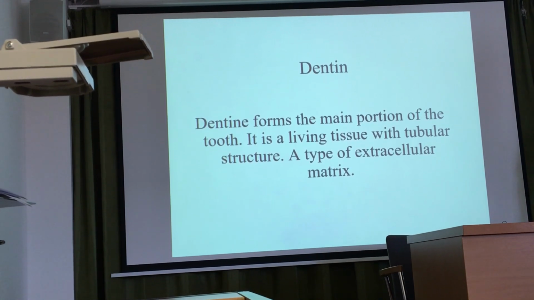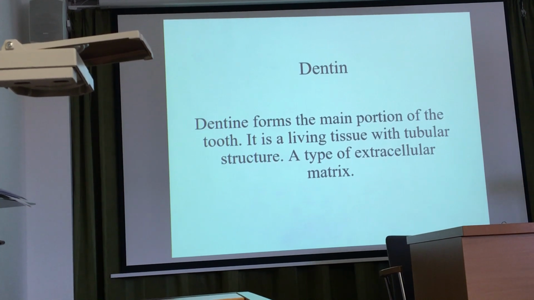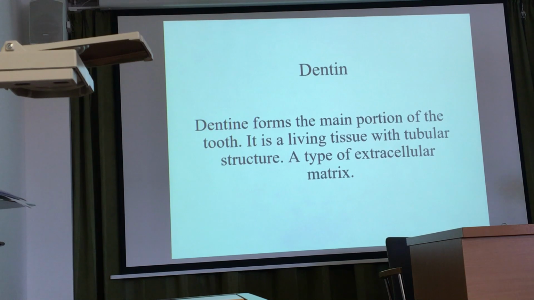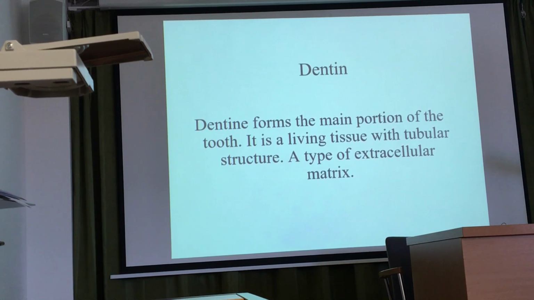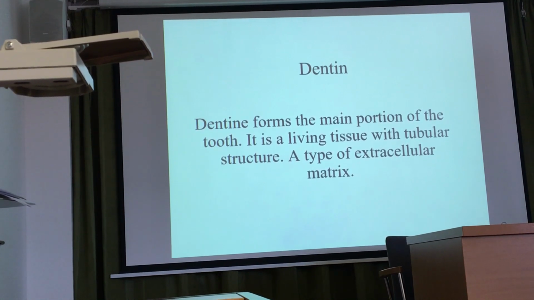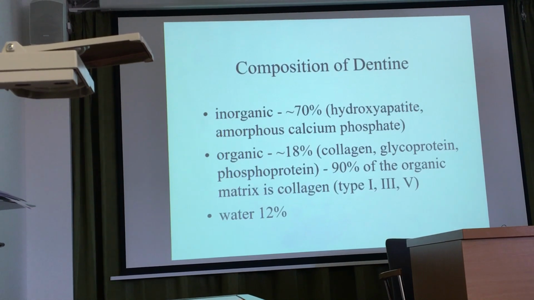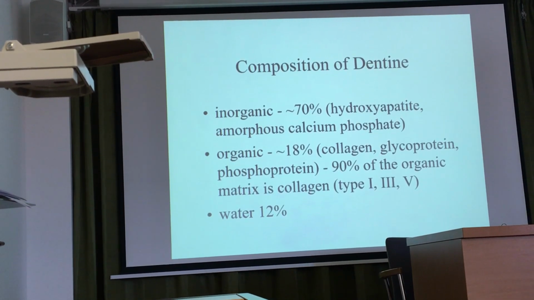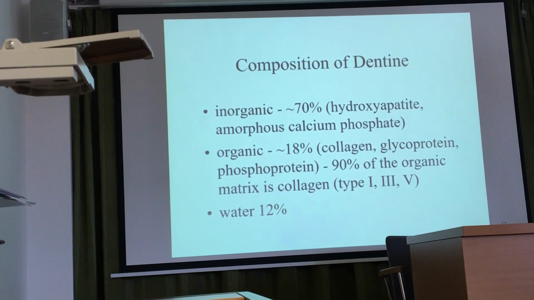The color and the structure of the dentin is changed when it is affected by caries, but even the X-ray manifestation of the dentin, so Röntgen or X-ray manifestation of the dentin is important because when you take an X-ray, you will see the changes of the dentin when we have pathological processes inside the dentin and inside our teeth.